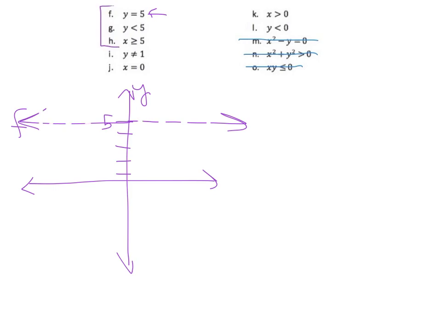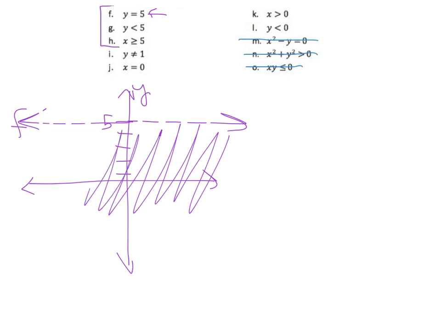Now I'm working on part G. I got my line dashed, and I'm going to shade everything that is smaller than y equals 5. I can plug in 0, 0. Is 0 less than 5? Yes, it is. Cool. So that right there is part G.